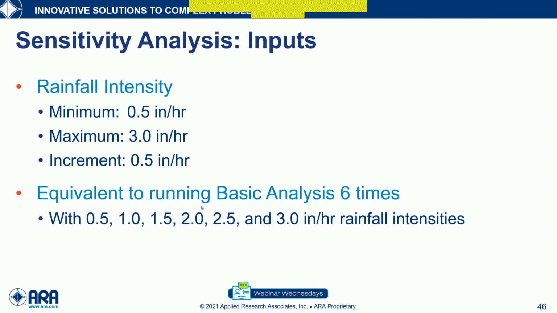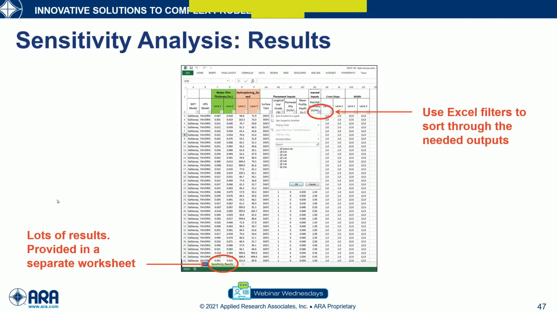That will be equivalent to running the basic analysis 6 times for 0.5, 1, 1.5, all the way up to 3 inches per hour.